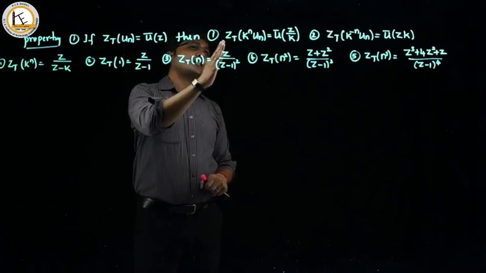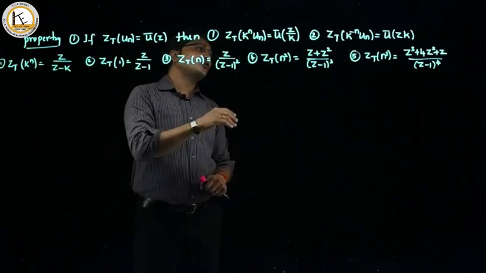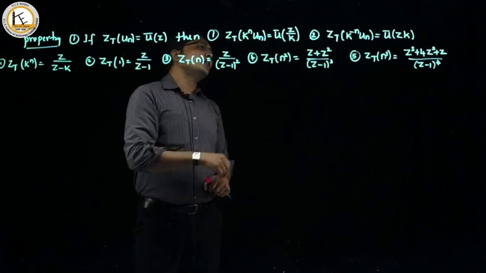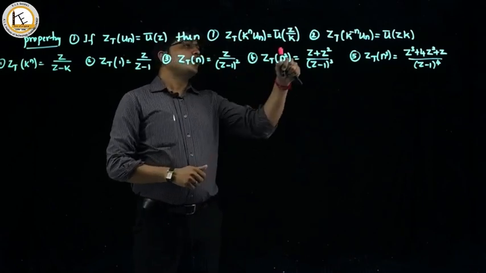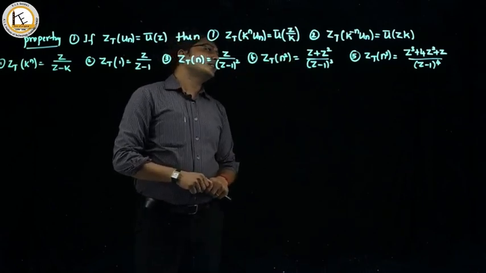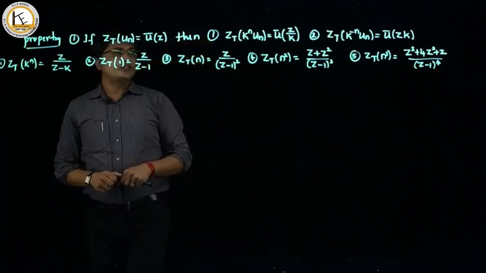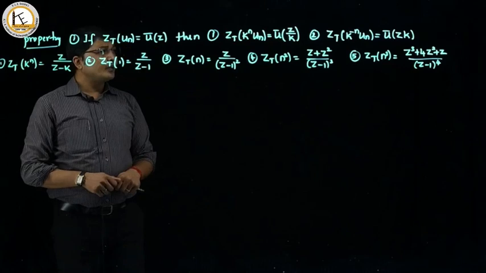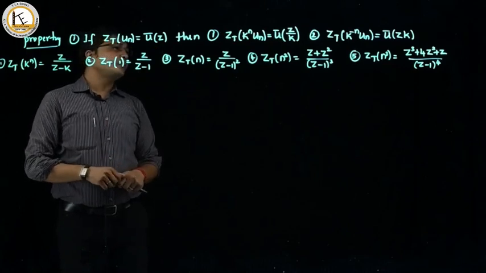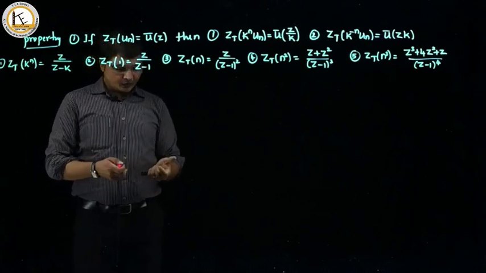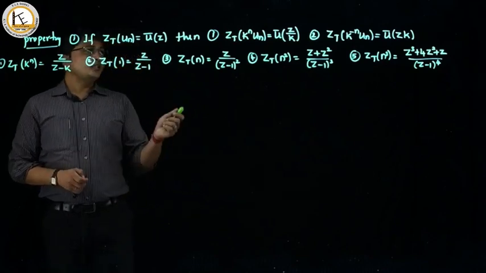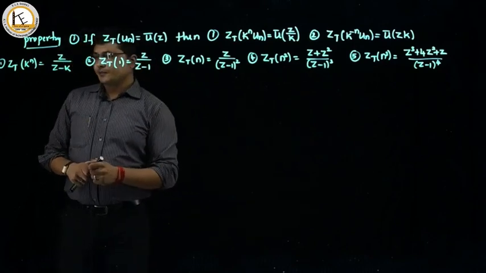So using these two properties we will solve some problems, and obviously we are going to find out the Z transform of some functions using these properties.